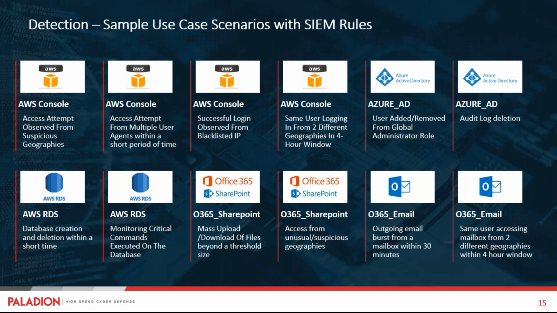Now this is highly suspicious, and first, it's a console activity. You may not have too many console admins who have this access, and if access has happened in a very short window from two different geographies, let's say from India and from the US, it can be treated as highly suspicious in nature. So that's an example of identifying an account that has already been compromised.